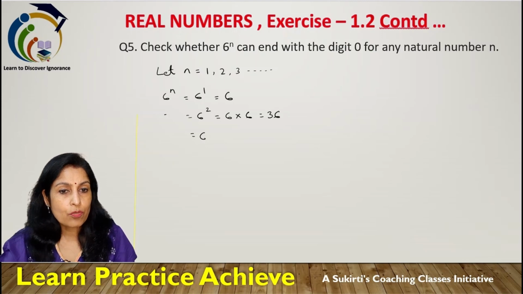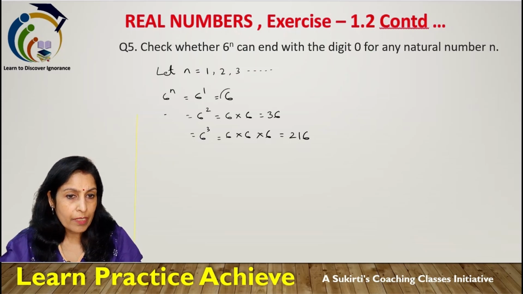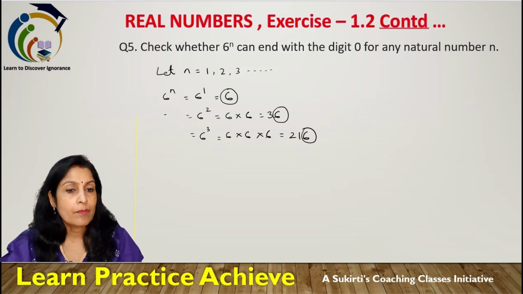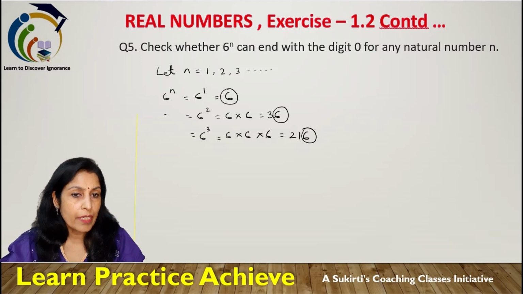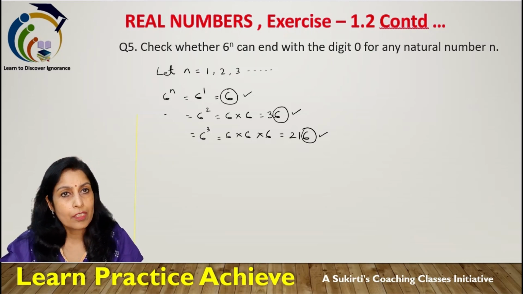If we take 6 to the power 3, then 6 into 6 into 6, that is equal to 216. If we check these numbers, the last digit here is 6, and here also the last digit is 6. It means whenever we take any value for n, you will get the last digit as 6. It means the number 6 to the power n will not end with 0.